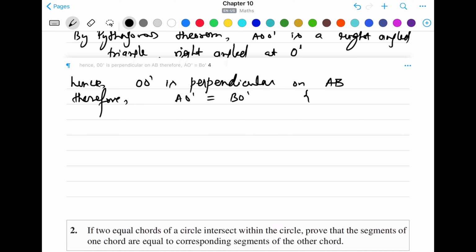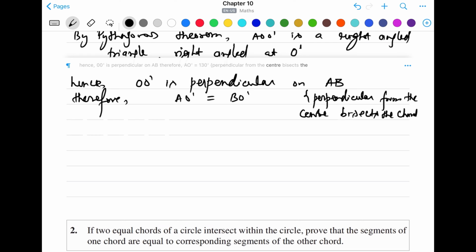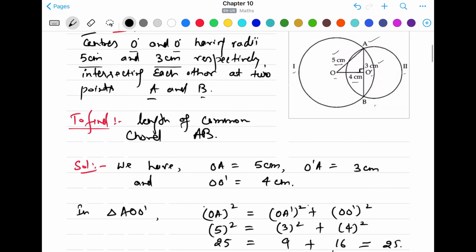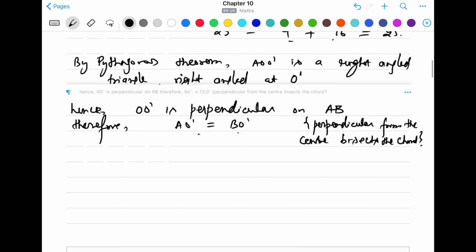The reason for this is that the perpendicular from the center bisects the chord. Therefore these two will be equal, and we are given that A O dash is 3 centimeter. That means B O dash will also be 3 centimeter.